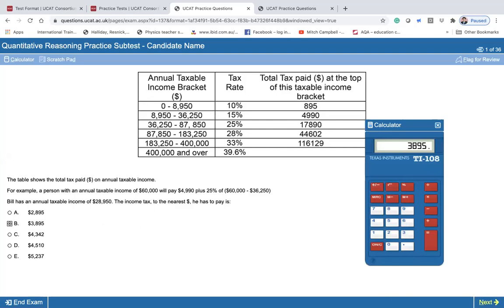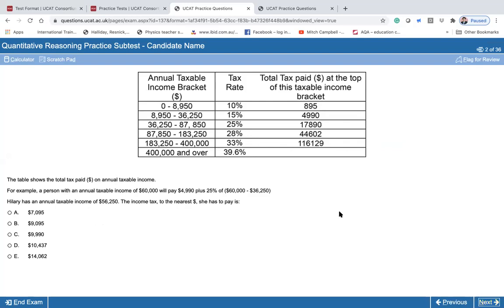Okay, let's look at the next question now. Again, you have a table that shows the total tax paid on annual taxable income. It's the same thing. A person with an annual taxable income of 60,000 will pay 4,990 plus 25% of the income over 36,250, which would be 60,000 minus 36,250.